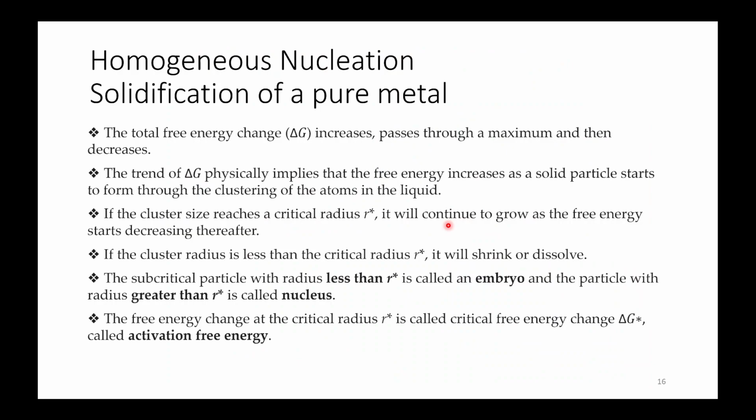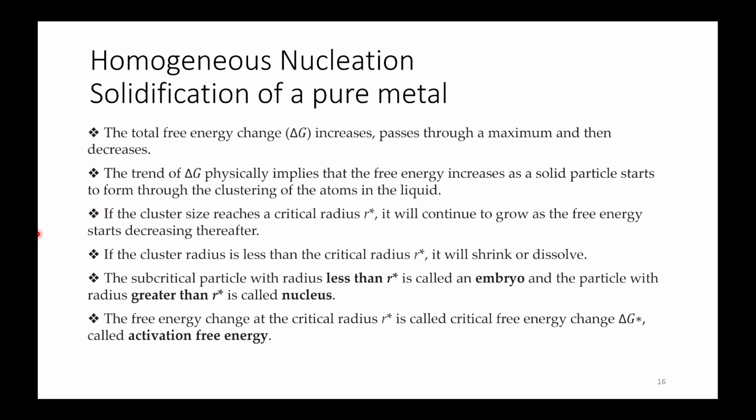So the total free energy change increases, passes through a maximum and then decreases. The trend of delta G physically implies that the free energy increases as a solid particle starts to form through the clustering of atoms in the liquid.